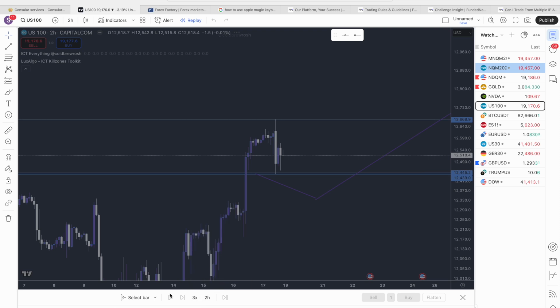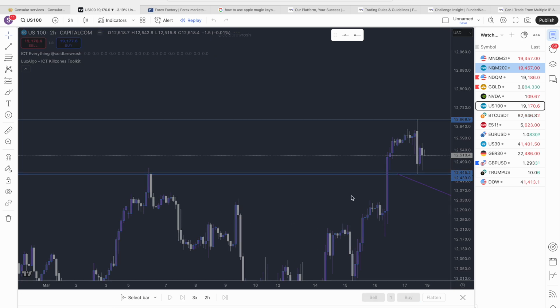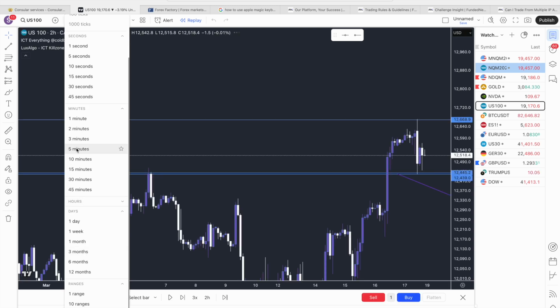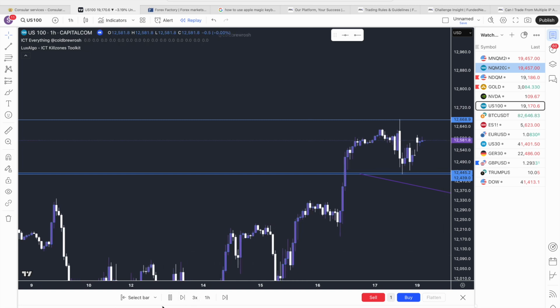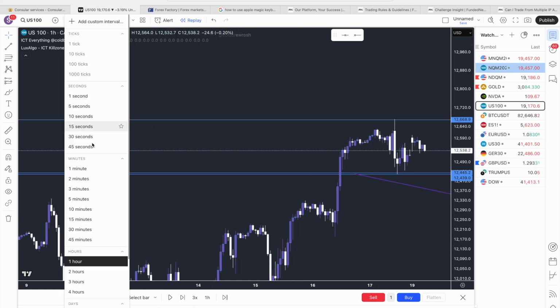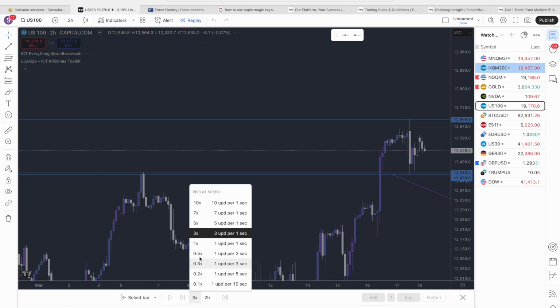I'm not sure why this is frozen. Come on, TradingView. The 1-hour seems to be working less. Let's try the 2-hour now. What's wrong with this, honestly?